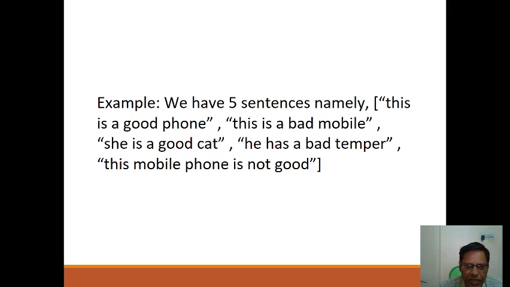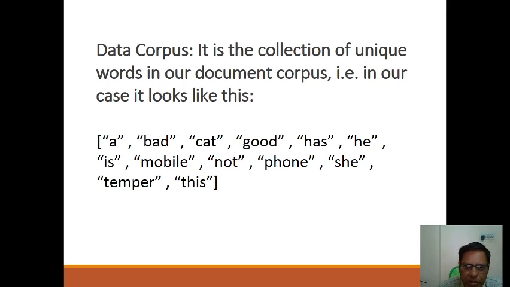For example, to see what a corpus is, we have 5 sentences: this is a good phone, this is a bad mobile, she is a good cat, he has a bad temper, this mobile phone is not good. So 5 statements are there. The vocabulary is the collection of unique words in our document corpus, in our case: a, bad, cat, good.